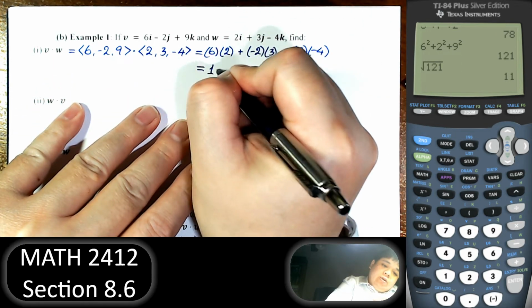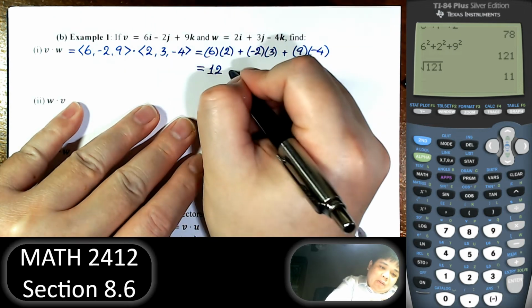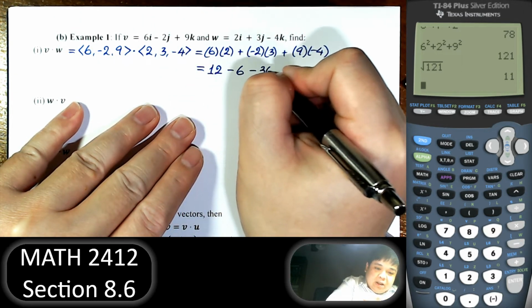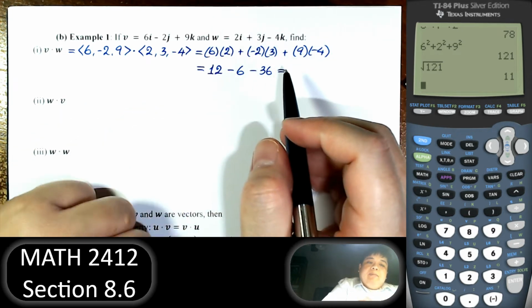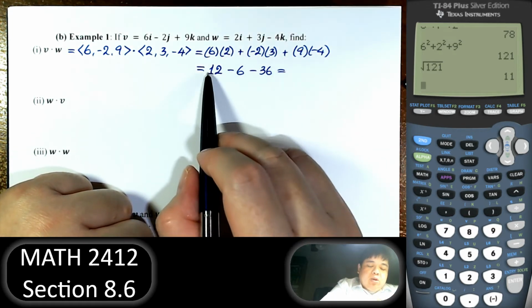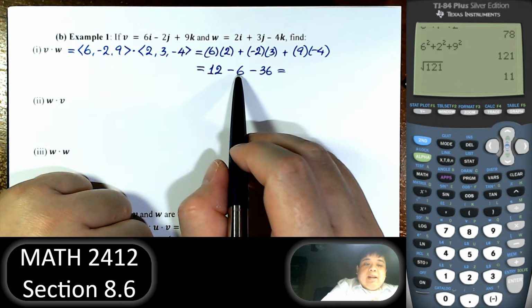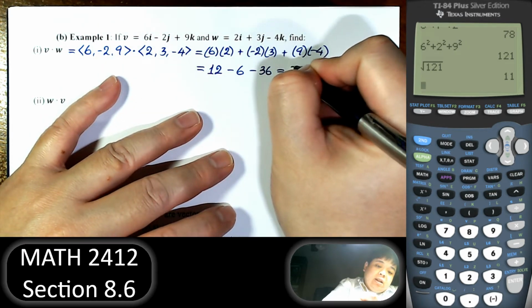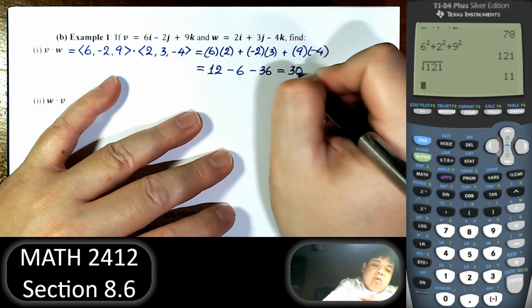That is 12 minus 6 and minus 36. So 12 minus 6 is 6, minus 36. That is negative 30. 12 minus 42 is negative 30.